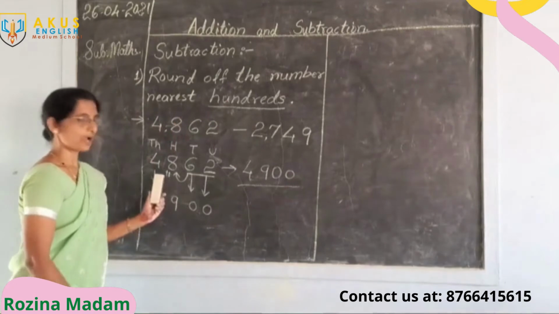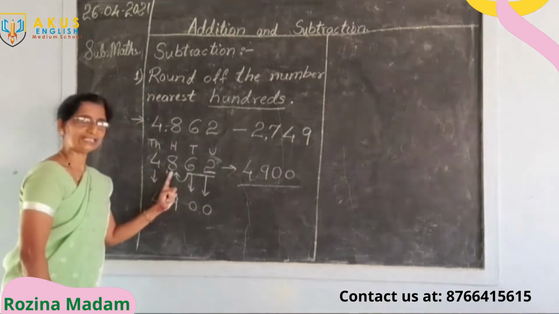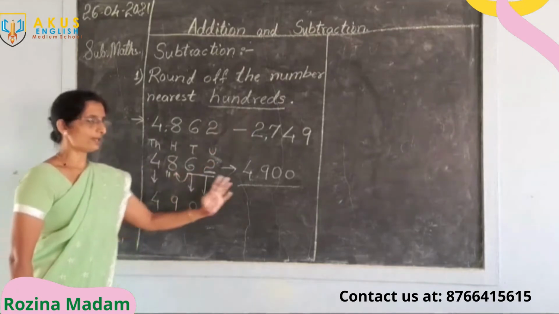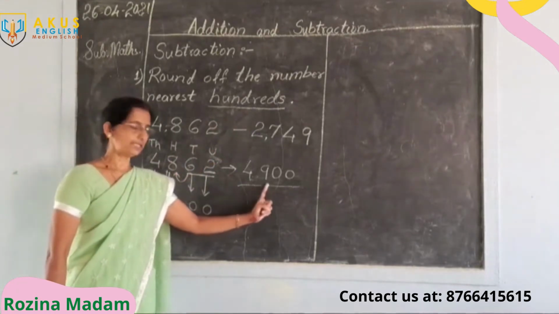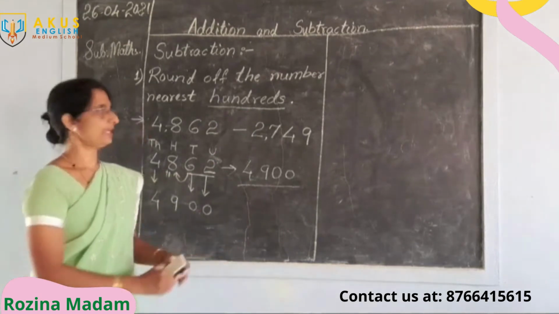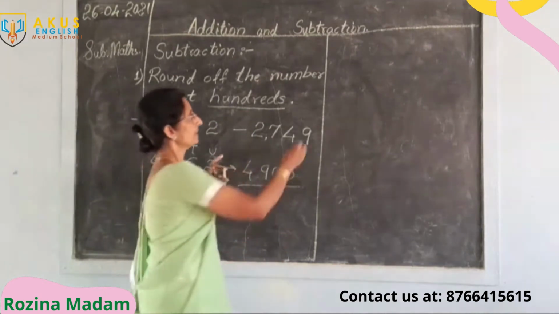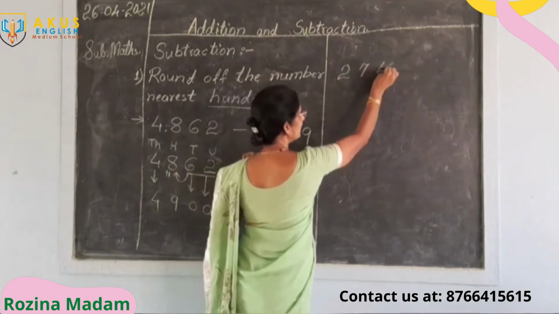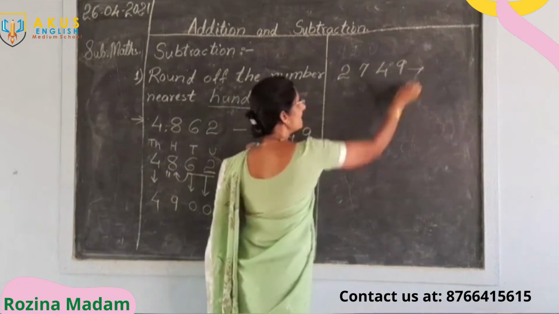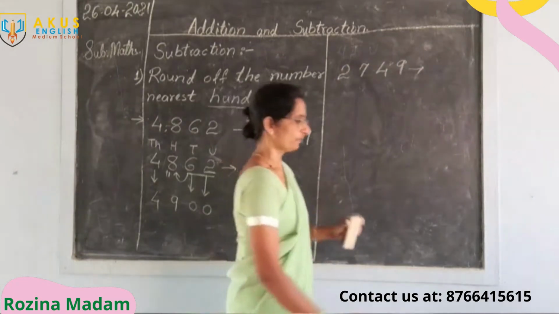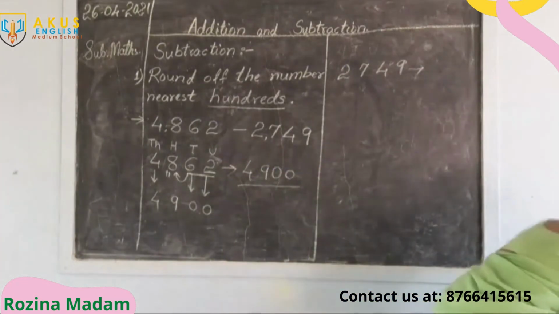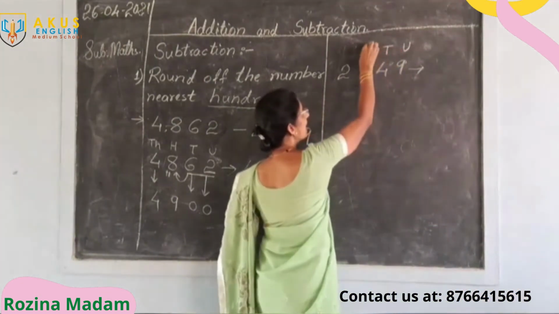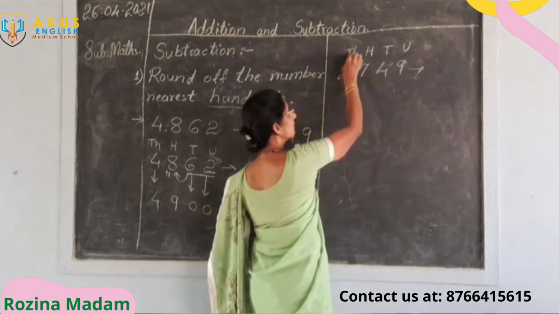So I had just rounded the number 4,862 to the nearest 100, and I got the answer 4,900. In the same way, now I'll go for the second number. The second number is 2,749. Now I will write the place value: units, tens, 100 and 1000.